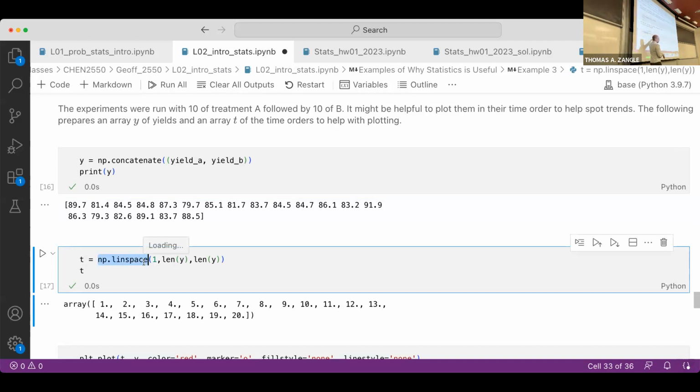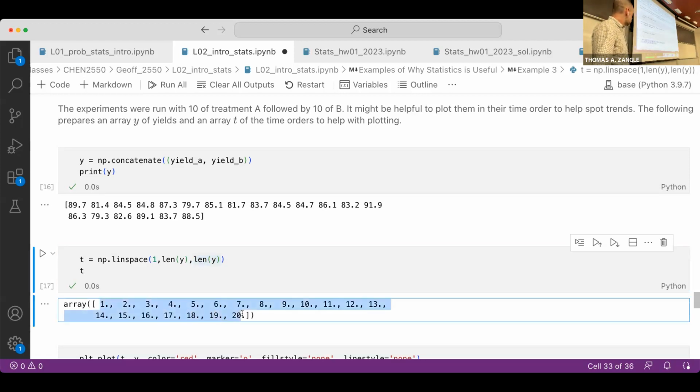For linspace, you define the first value in your array, the last value in your array, and the number of values that you want in your array. In this case, it's just 1, the length, and then again the length, and we end up with this array of 1 through 20.